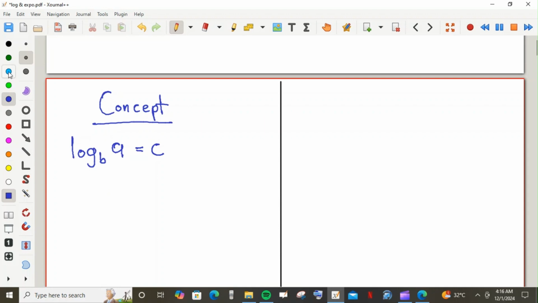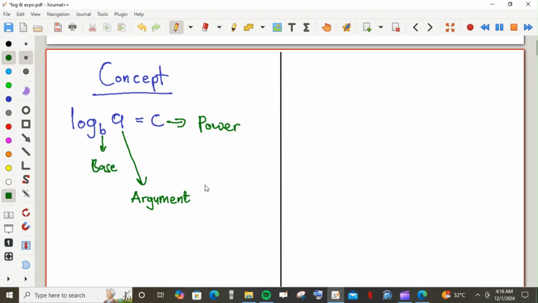So now the number here or the letter here is called the base. This is called the argument. That's the expression that the logarithm function works on. And this is the power, or what many people call the exponent.